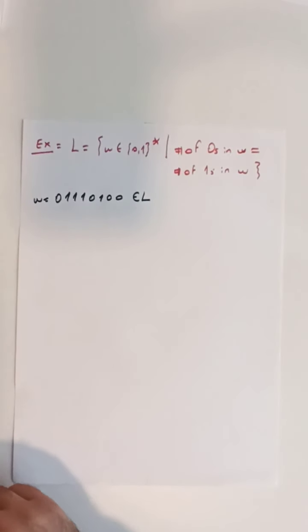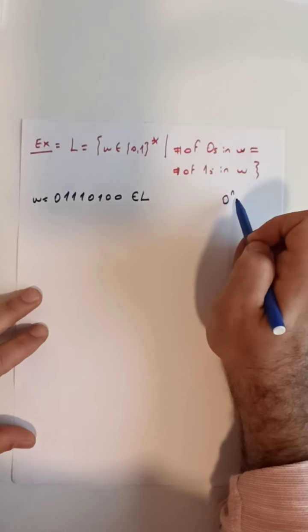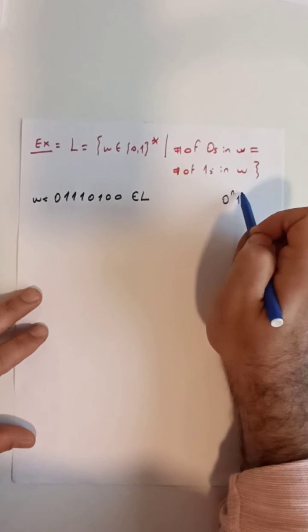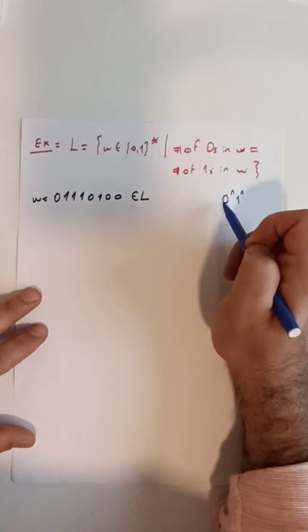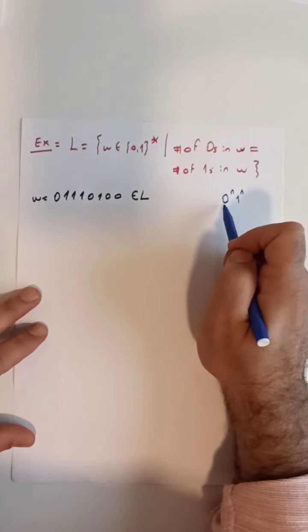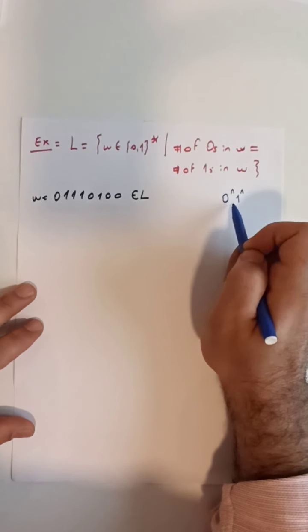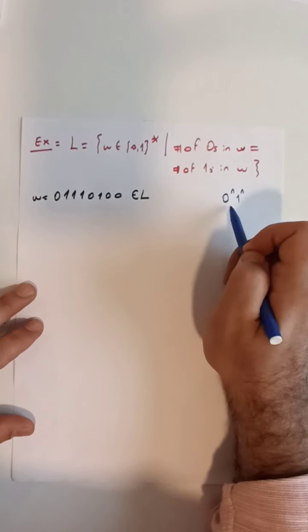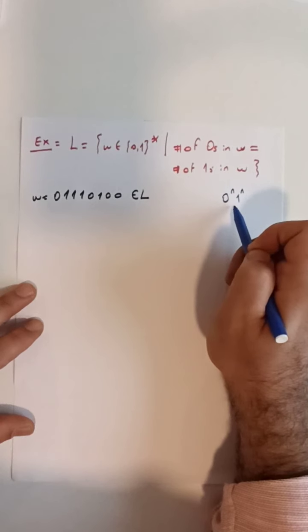Remember that previously we had designed a PDA for the language that consisted of n zeros followed by n ones. For such a language, it was easy to come up with a PDA that recognizes it, because what we were simply doing, in terms of the informal idea, was storing the zeros that we see in the first half of the string and making a non-deterministic guess when we have reached the middle.